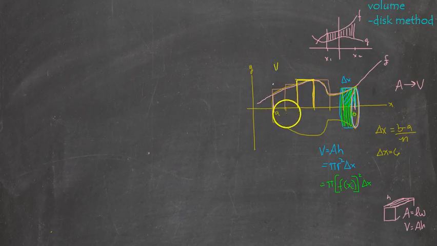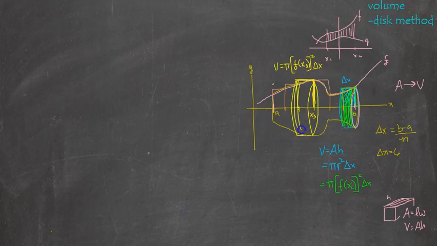If this is a, x1, x2, let's call this x sub 3, because that's the radius of that disk, which would produce a volume of pi times the radius, f of x sub 3, squared, times the width, delta x. And so what I've done now is found the volume of this disk.